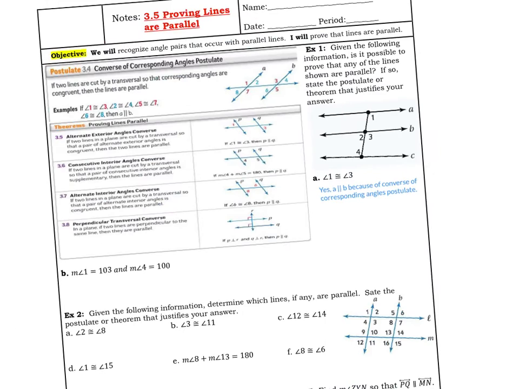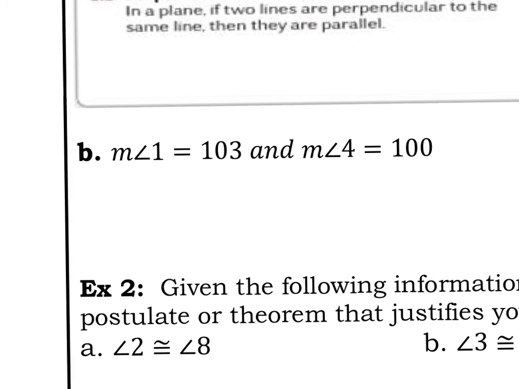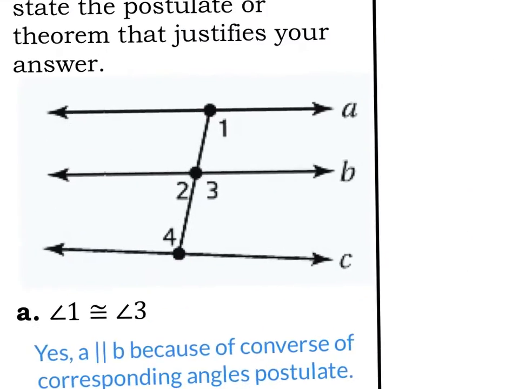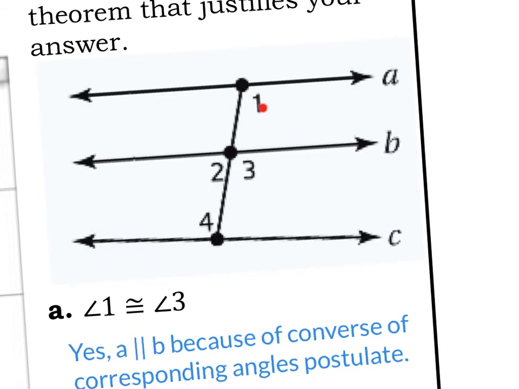So let's look at example B. It's going to be down here. The measure of angle 1 equals 103 and the measure of angle 4 equals 100. So let's see here. If we're looking at angle 1 and angle 4, I'm going to ignore line B and just focus on lines A and C. So if 1's here and 4's there, that would make them alternate interior angles, and alternate interior angles should be congruent.